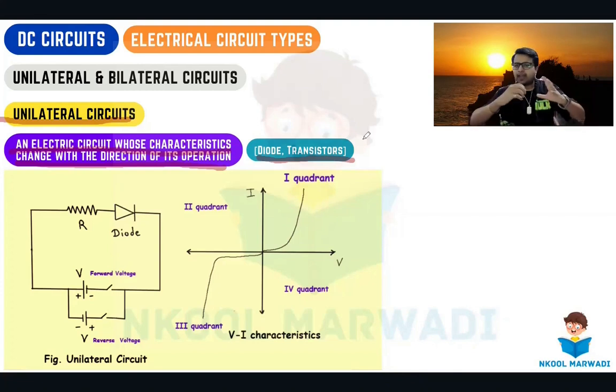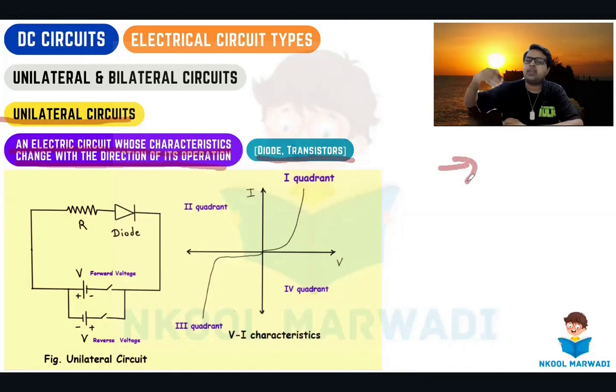If the direction of current is this, the circuit will behave in some way. And if the direction of current is reversed, then the circuit will behave in a different way. Then we call it a unilateral circuit.